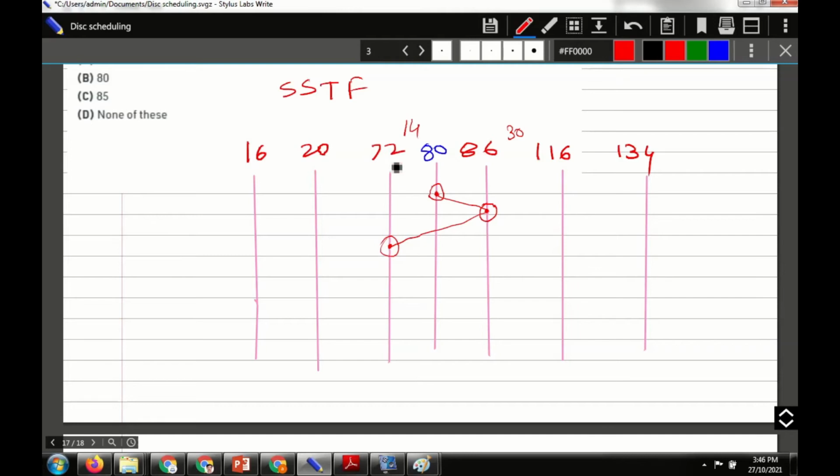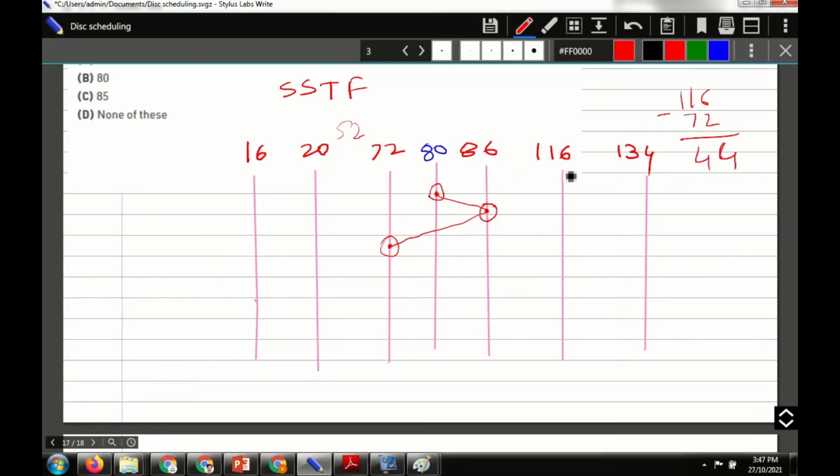Then from 72 it can go either to 20, which is 72 minus 20, that is 52, or to 116. Let us calculate the difference: 116 minus 72, 6 minus 2 is 4, and 11 minus 7 is 4, so 44.